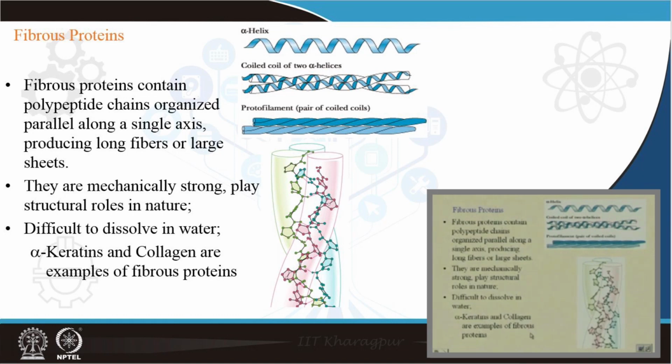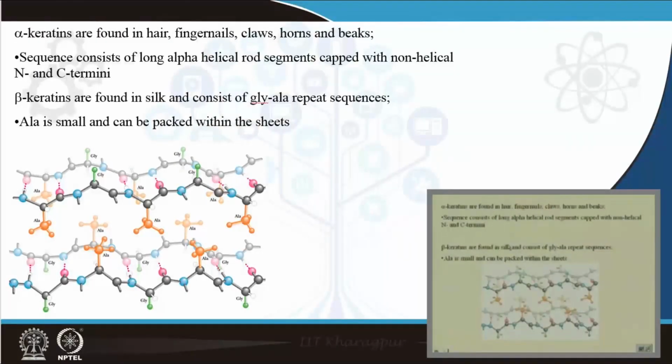Okay, because they are fibrous in nature and they form this long parallel structure along a single axis, they give you this longitudinal structure and they give a mechanically strong nature to this. For example, alpha keratins are found in hair. Okay, and their sequence consists of long alpha helical rod segments, as I showed you in the previous slide.